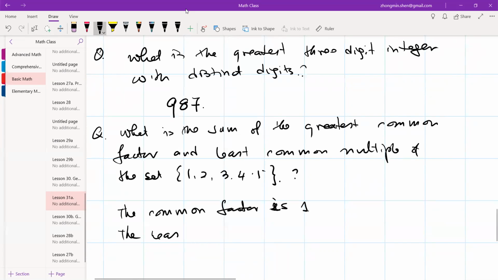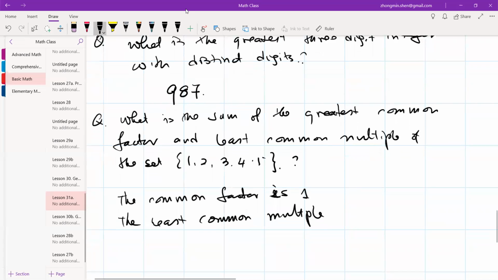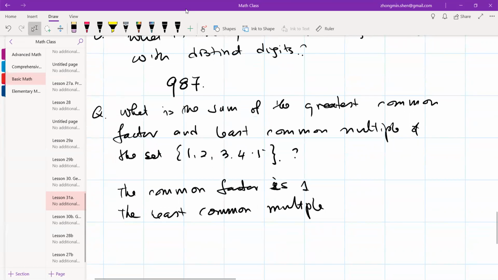And then the least common multiple, right? What is the least common multiple? The least common multiple is the number which is divisible by all those numbers. So this should be equal to 3 times 4 times 5, which is going to be 60.